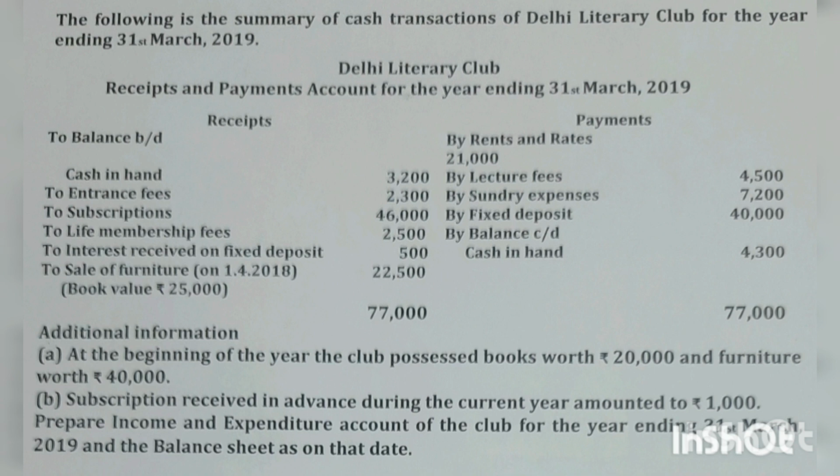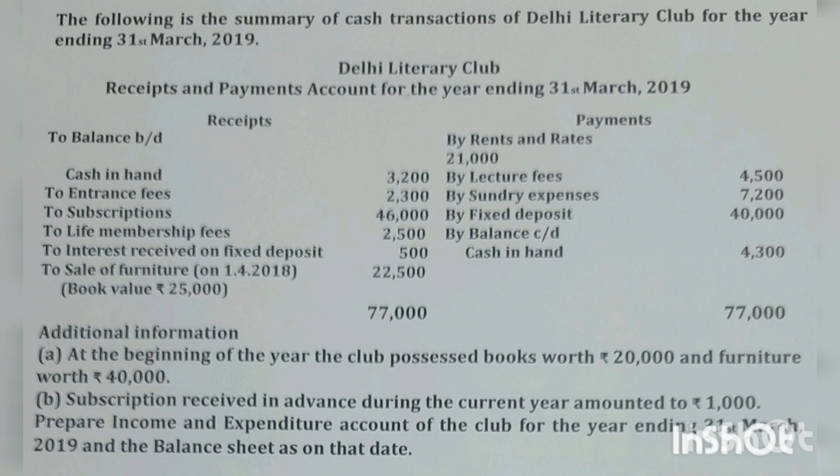Any loss should be shown in the expenditure side by using the rule debit all expenses and losses. Then the book value of furniture must be subtracted from the respective furniture amount. Here you have to understand one thing. Capital receipt will either increase the liability or decrease the value of fixed asset.